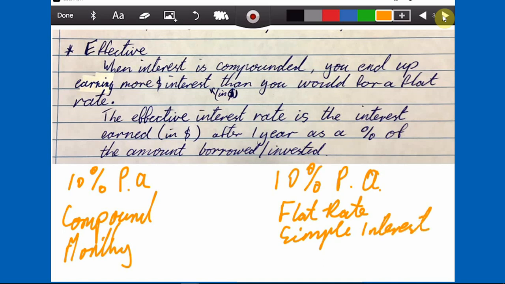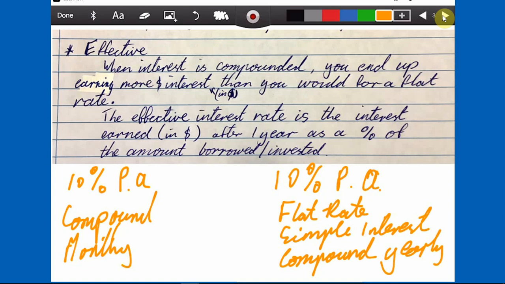Or if you prefer, compounding yearly. The one on the left, you have interest calculated 12 times in the year, and it compounds each month, whereas the one on the right, you've only got it once in the year.